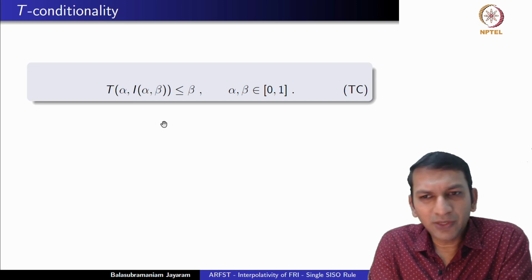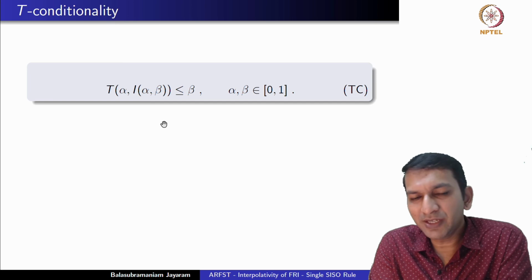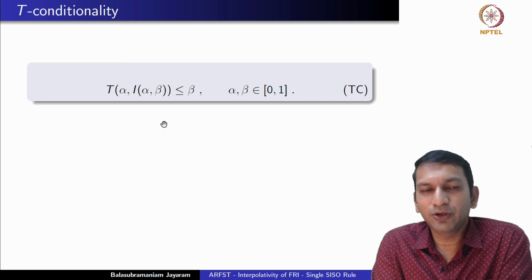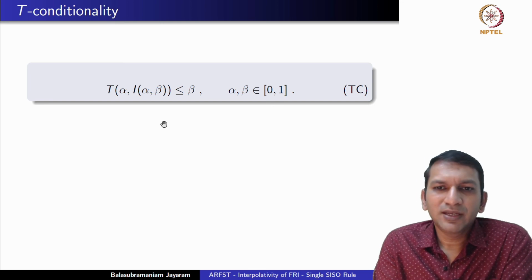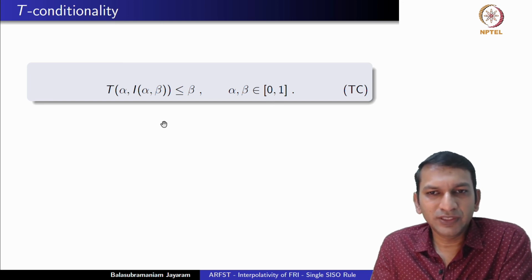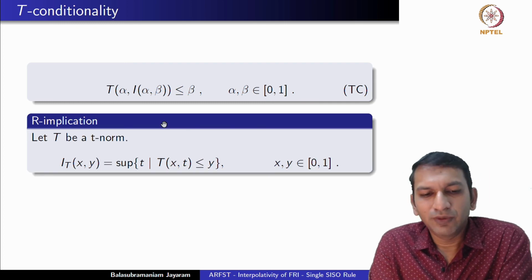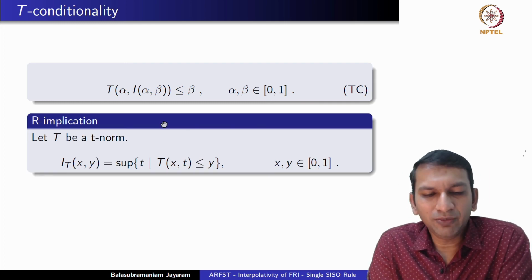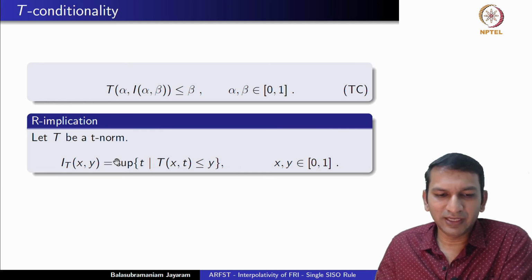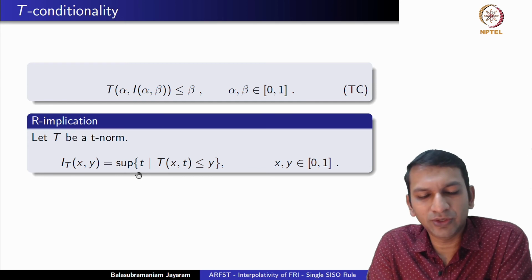Now, it has been quite well studied for which pairs of T and I, T-norms and implication I, this inequality is valid. One family of implications for which this is valid is essentially the R-implication. Recall that if you are given a T-norm, the corresponding R-implication is given as follows. I_T of x, y is the supremum over t such that T of x, t is less than or equal to y.